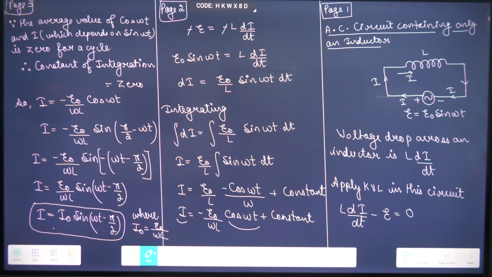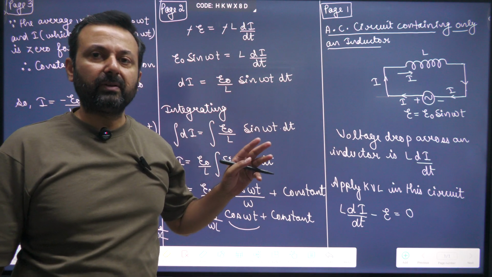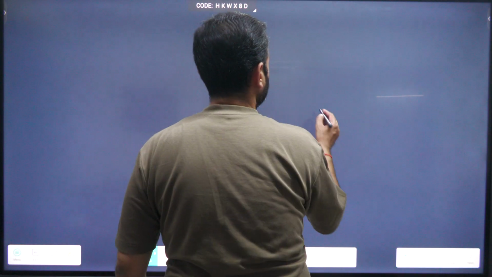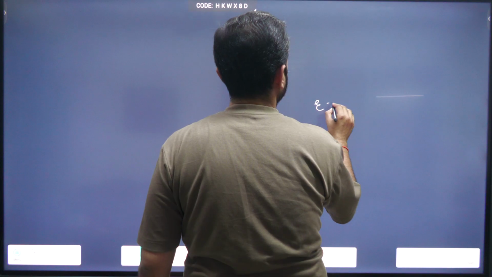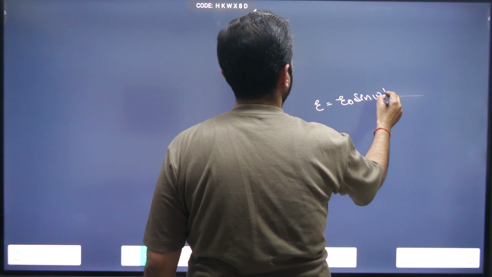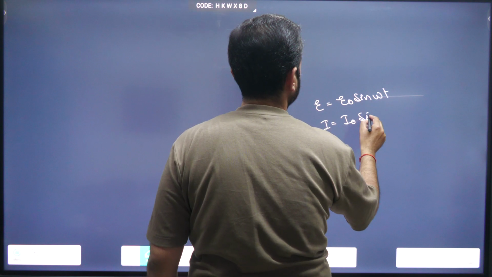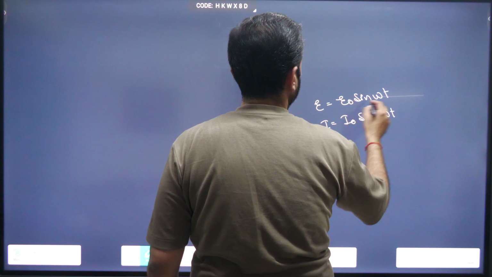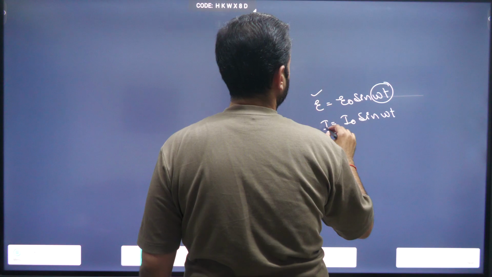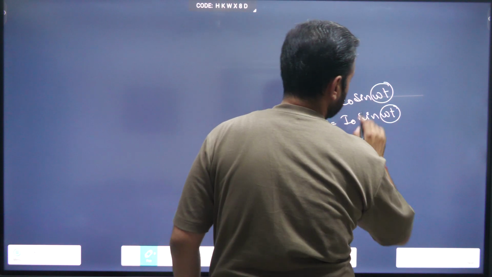If we compare it with what we did in the pure resistive circuit, there E is equal to E naught sine omega t, and what we derived is I equal to I naught sine omega t. So EMF has the angle omega t, and current also has the angle omega t, so both are in the same phase.